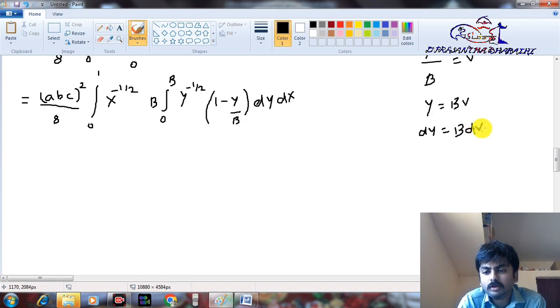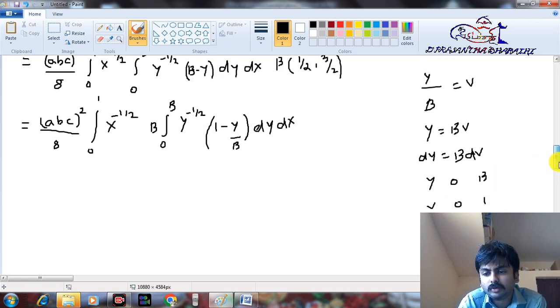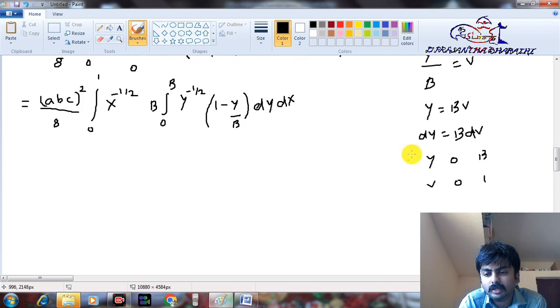The limits are, for y we are having 0 to b, for v we are having 0 to 1, because v equal to y by b, so b by b will be 1. Okay, very good. Now we have found the limits of our second integral also.